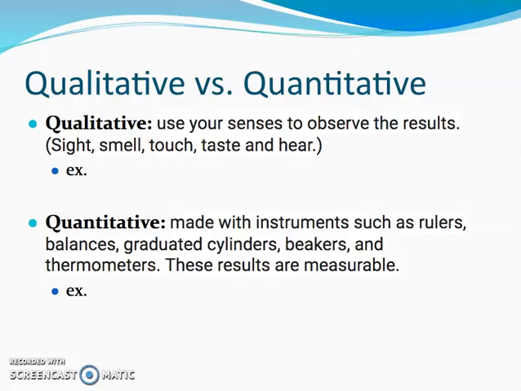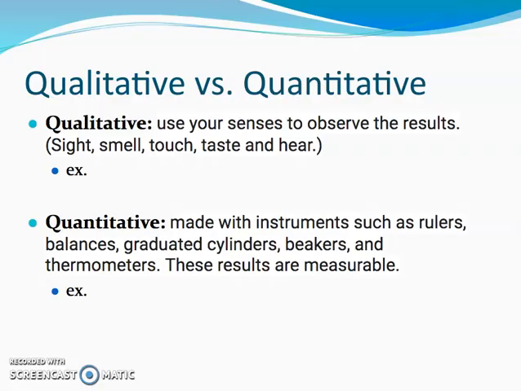For quantitative, those are observations that we make with instruments such as rulers, balances, graduated cylinders, beakers, thermometers. These results are measurable. They also usually have a number. So you could say that it was 25 meters long. That's really long, I understand. Or that there were 2 liters of pop.